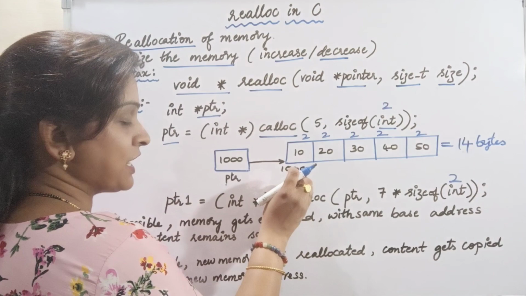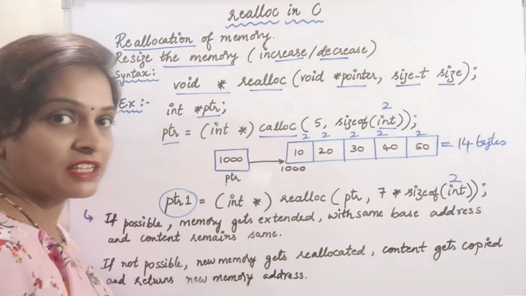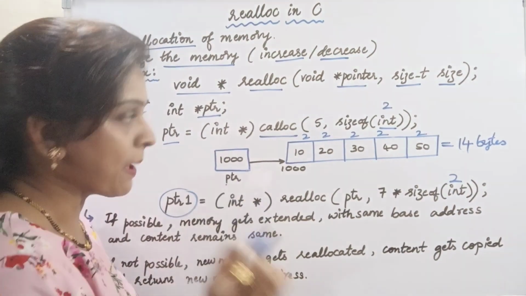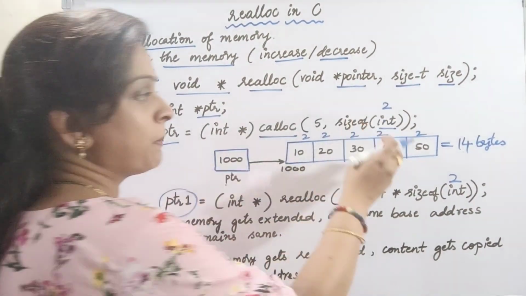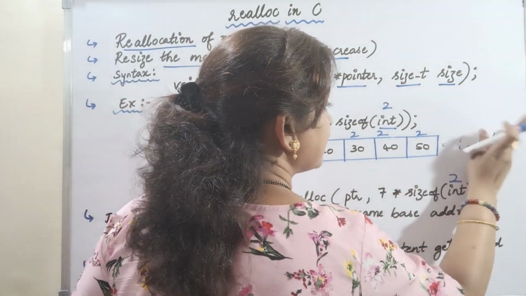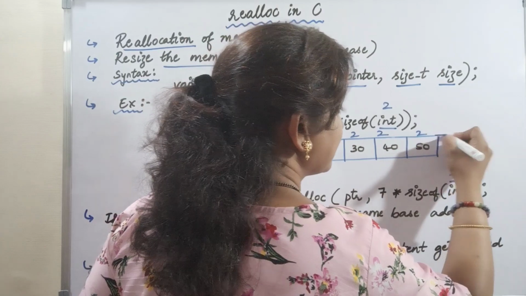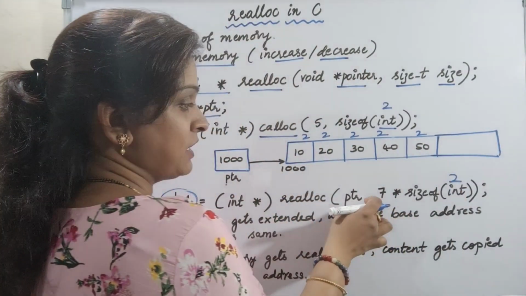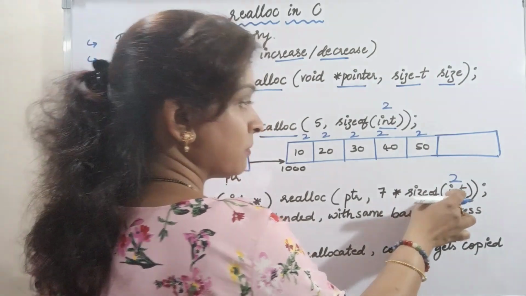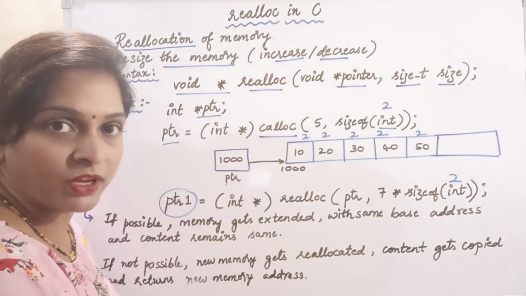That base address has to be written to a new pointer or to the existing pointer. So now what happens here? If it is possible to allocate the memory there itself, the memory will be extended there only. It says I want to store 7 elements of size int, meaning 2 bytes into 7, totally 14 bytes I need to allocate.